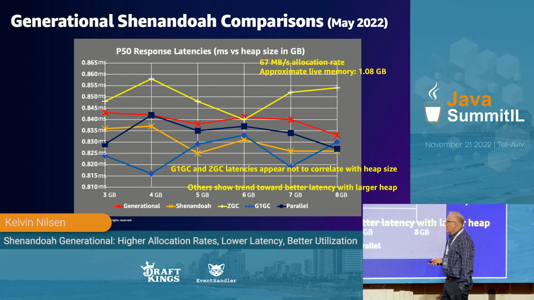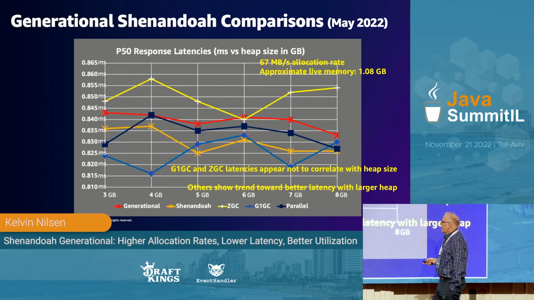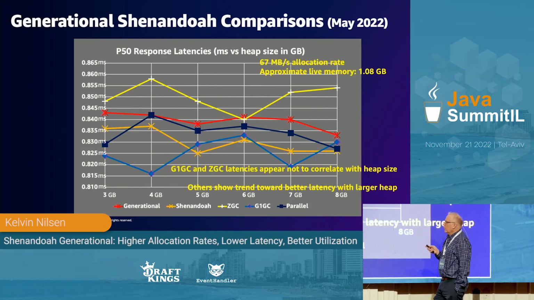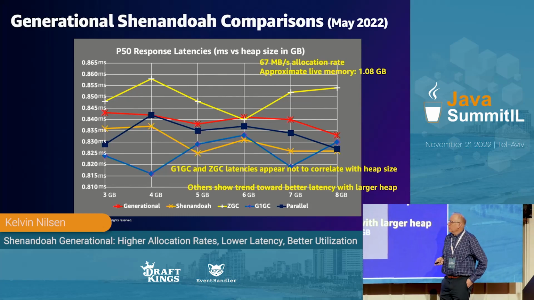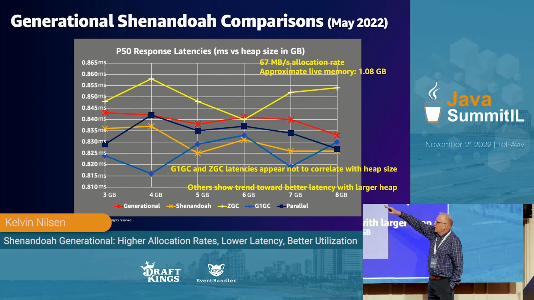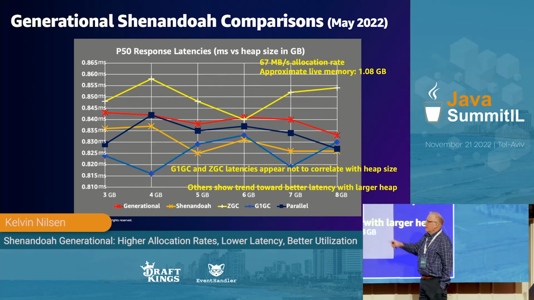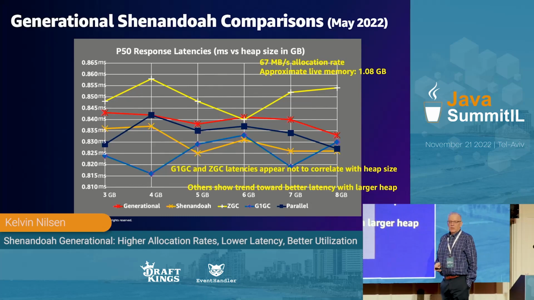Some interesting observations that you would normally expect: the larger the heap size, the better the efficiency of the garbage collector. And you see some of these slope downward towards the right, but G1 and ZGC do not so much.